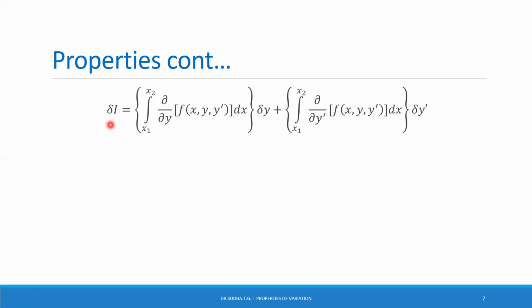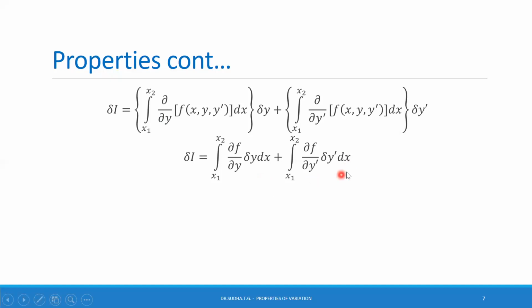Now let us simplify this. This is nothing but derivative of f with respect to y partially into the variation of y into dx. Similarly, in the second expression, this is the partial derivative of f with respect to y dash. So dou f by dou y dash into variation of y dash into dx.